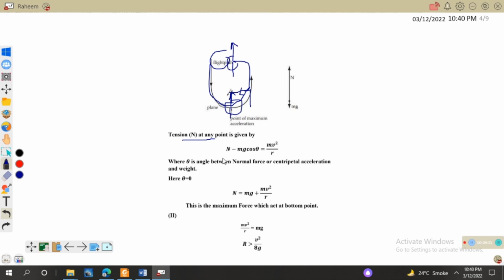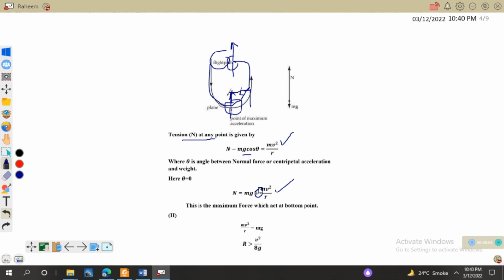So the angle between these two will be 180, but in this case the angle will be 0. So N minus mg is equal to mv square over r. If we move these terms to the right side, this gives N is equal to mg plus mv square over r.